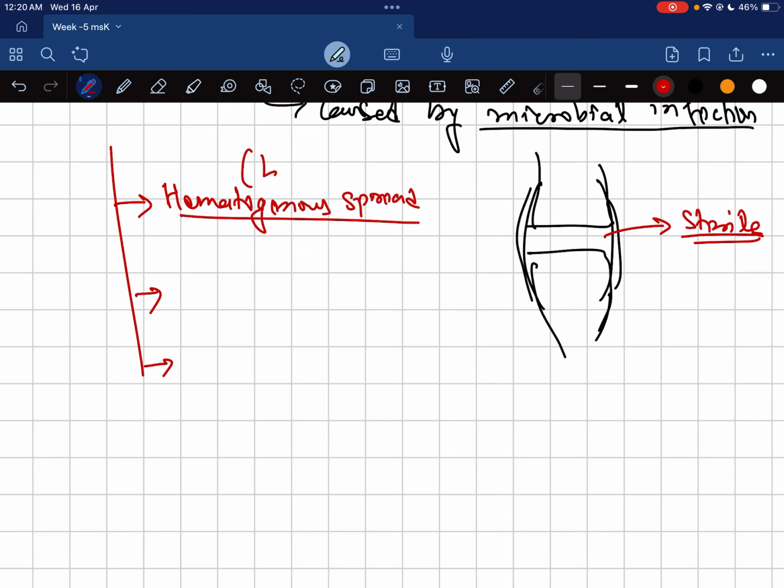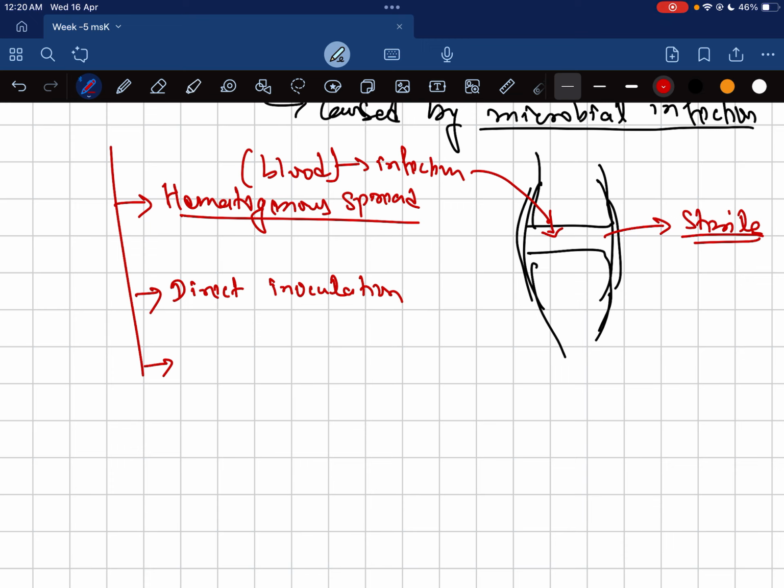Like in the blood there is infection, so from the blood the microbes come into the joints, or there is direct inoculation.